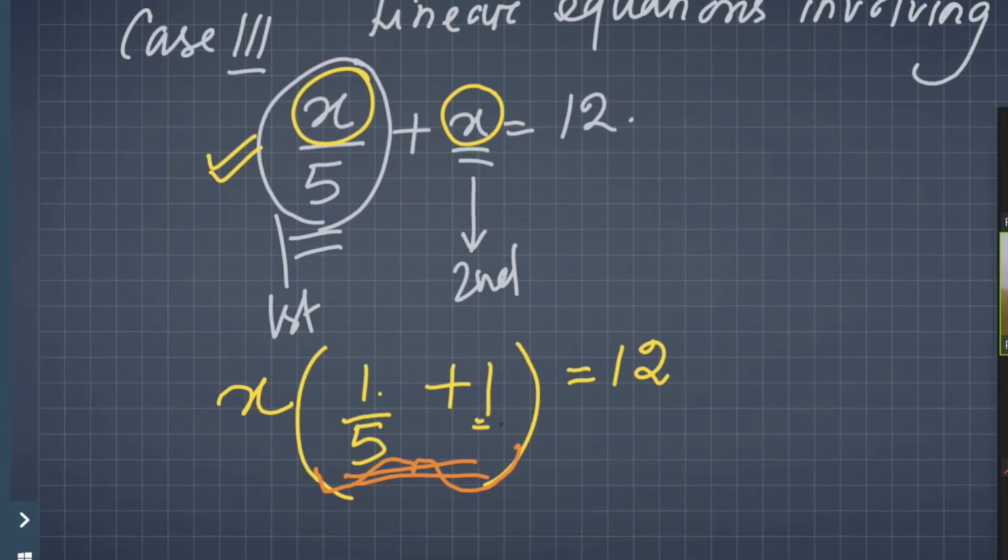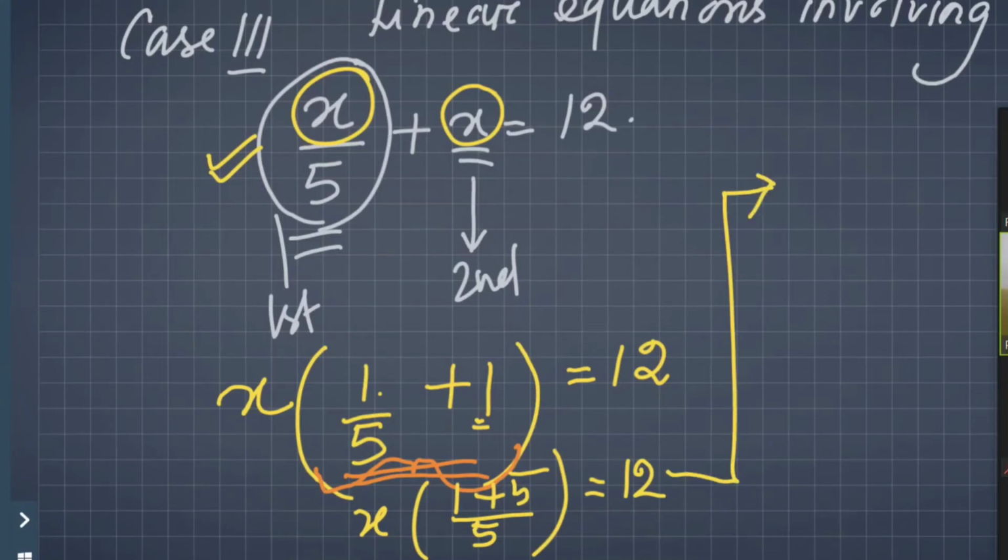So if I solve 1 by 5 plus 1, what will I get? So x whole into 1 plus 5 by 5 is equal to 12. Let me carry it towards this side. So I will be getting x whole into 6 by 5 is equal to 12. Now if this 6 by 5 goes to the other side of the equation, what is going to happen?